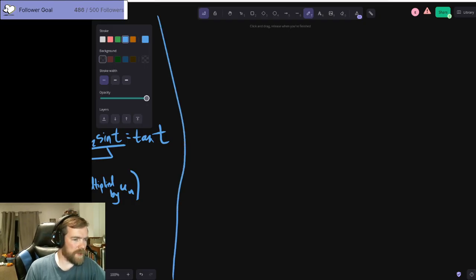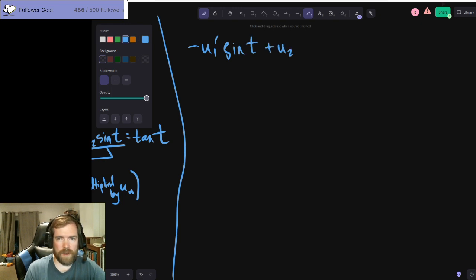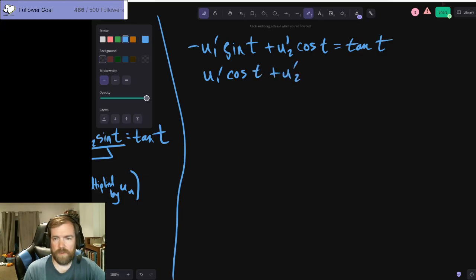The way we had done this was we ended up with negative u1 prime times sine of t plus u2 prime cosine of t equals tangent of t, and u1 prime cosine of t plus u2 prime sine of t.